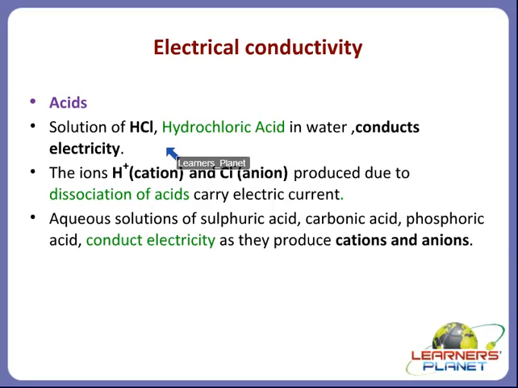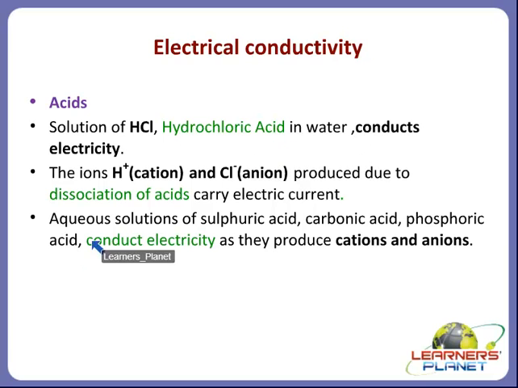Got my point? So here, in this case, if HCl is dissolved in water, what is happening? It is giving what cations and anions? H plus and Cl minus. Why are they produced? They are produced due to dissociation of acids. Now these carry electric current. Got my point, students? So that is why your hydrochloric acid in water is a good conductor of electricity.